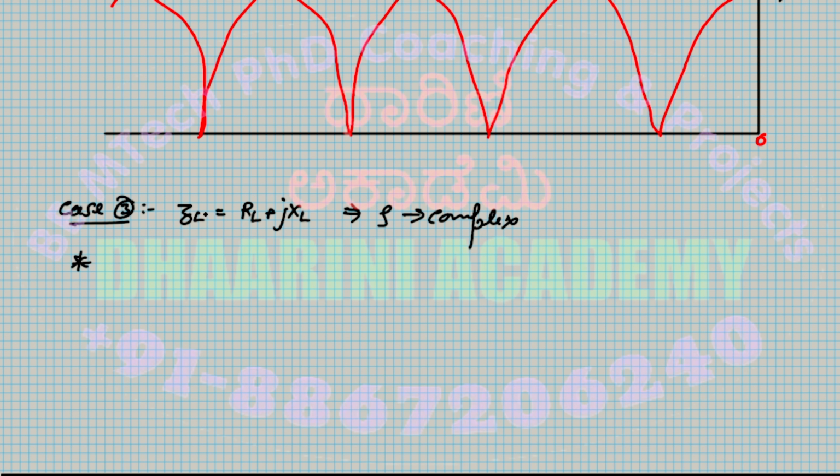ZL is complex, rho is also complex, so we can write one sentence like this: the minimum values are not equal to 0 and the maxima will not be equal to the magnitude of 2 Vs. It's not going to reach that.